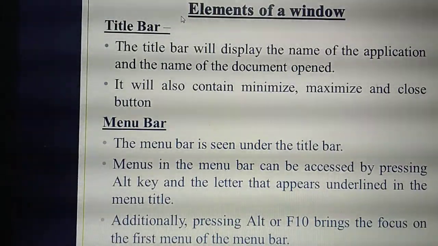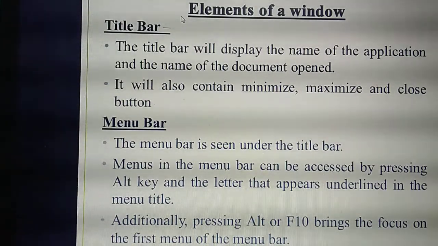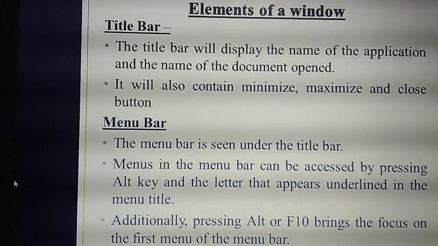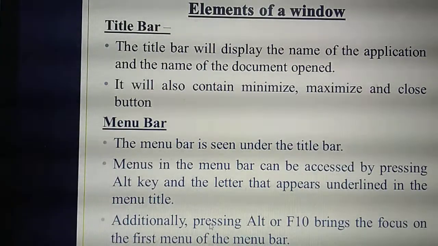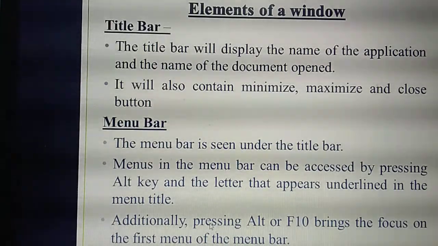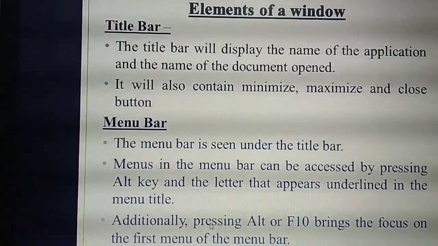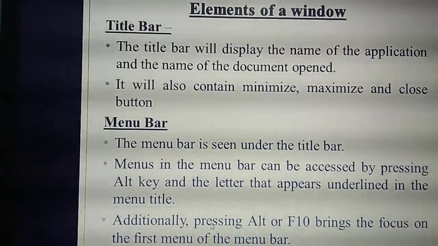So there are two ways to select the menus from the menu bar: you can click using the mouse, or you can use the Alt key from the keyboard. Okay. So Alt key or F10 key. If you press the Alt key or F10 key, you can select the menus from the menu bar. Understand?